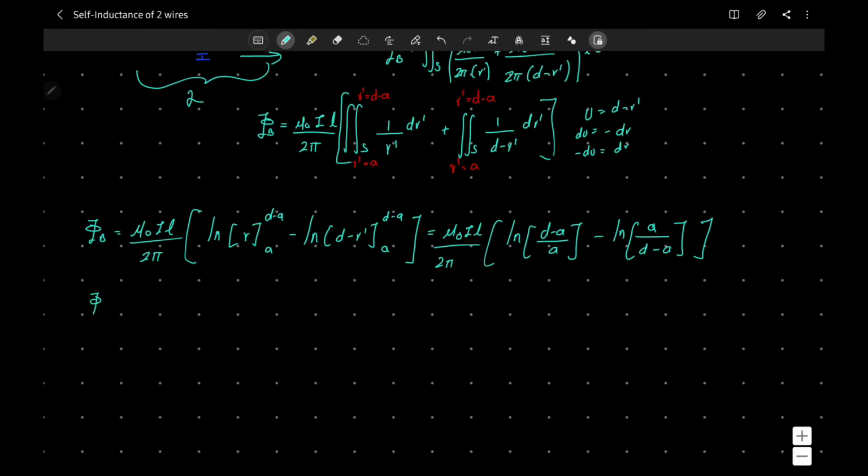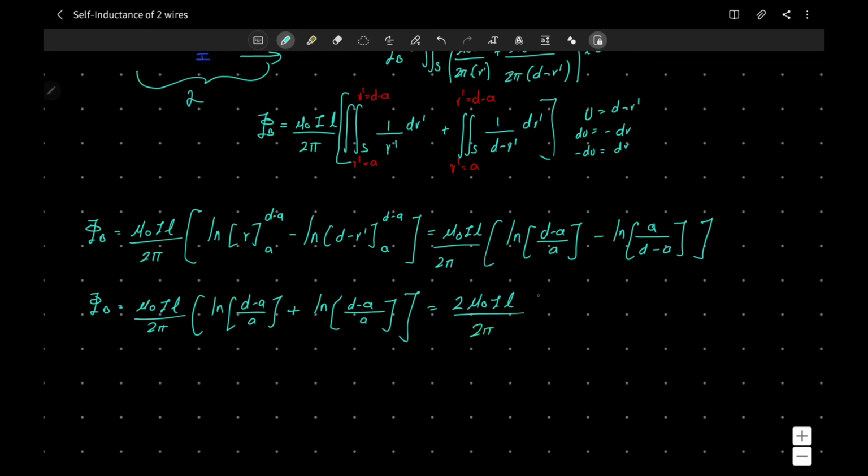Now to simplify that, I'm going to raise that natural log to minus 1, and I have this positive natural log of d minus a over a, and these two natural logs are equal, so then I have 2 mu naught current L over 2 pi natural log d minus a over a.